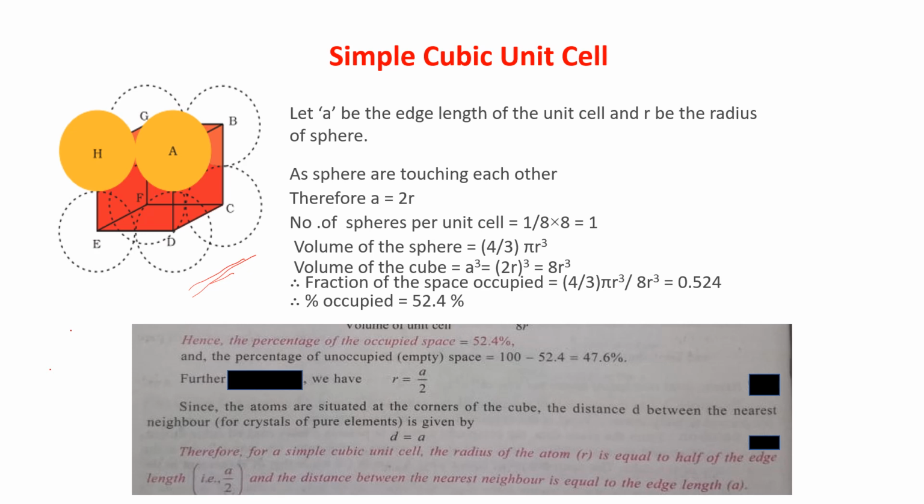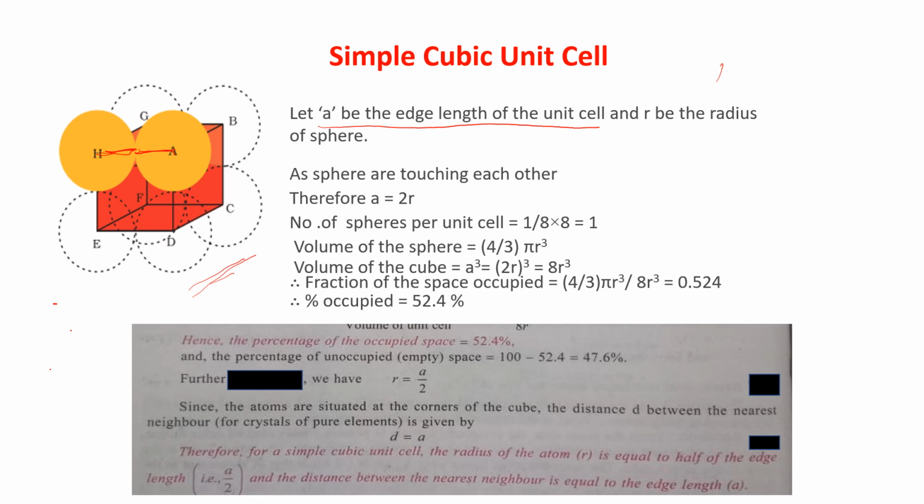Let A be the edge length of the unit cell and r be the radius of the sphere. Radius means from here to here. As spheres are touching each other, these two spheres are touching each other. So, A, the edge length, is equal to the radii of the two spheres, this one and this one.